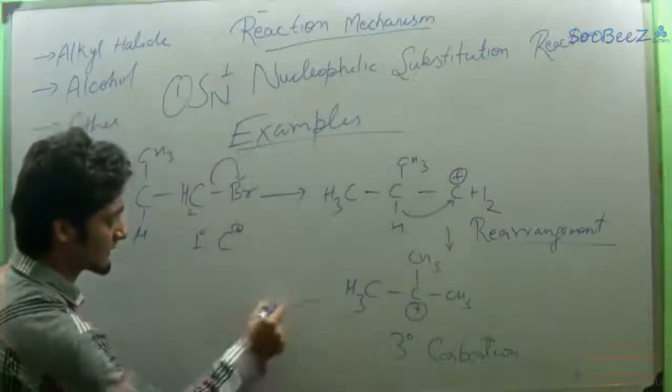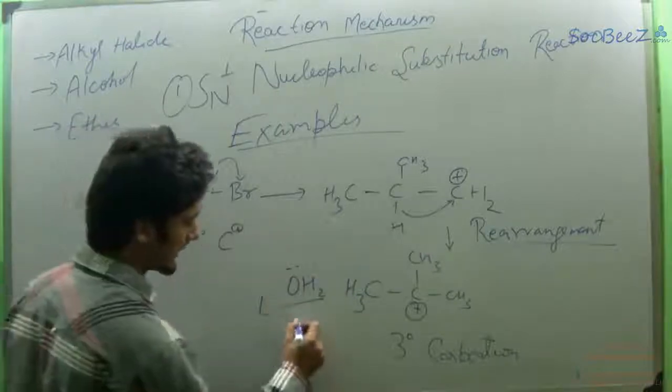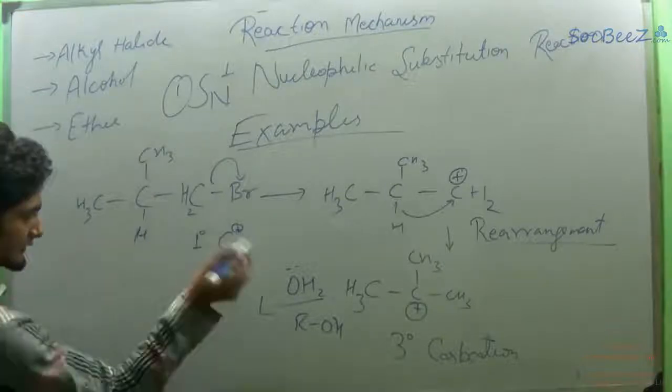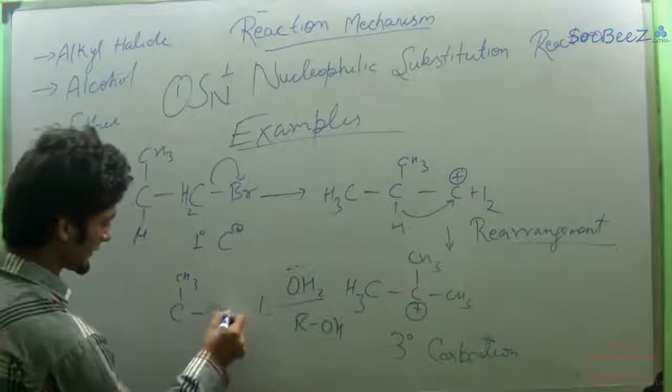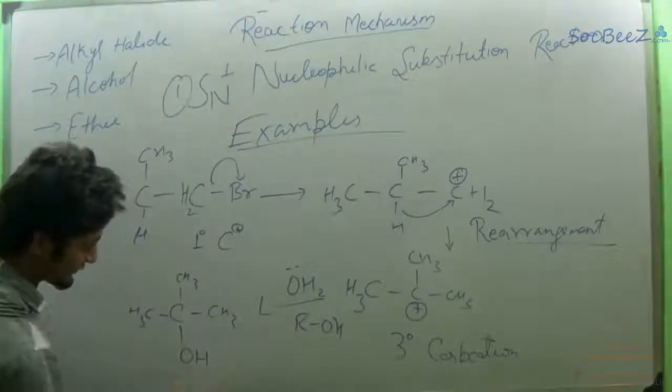And then you can react it with any nucleophile, let's say H2O, that is water, or any alcohol, and it will give the corresponding product, let's say water. Then the product will be CH3, CH3, CH3, C, and this will be OH.